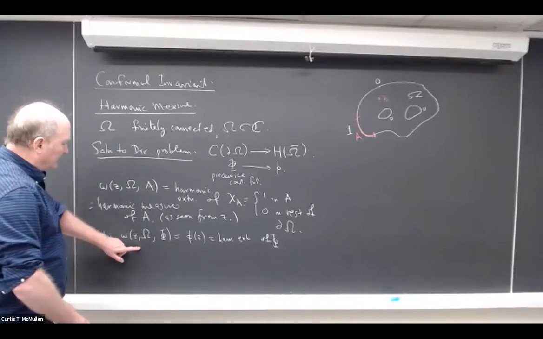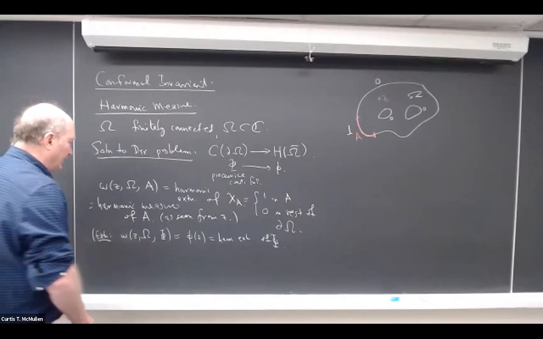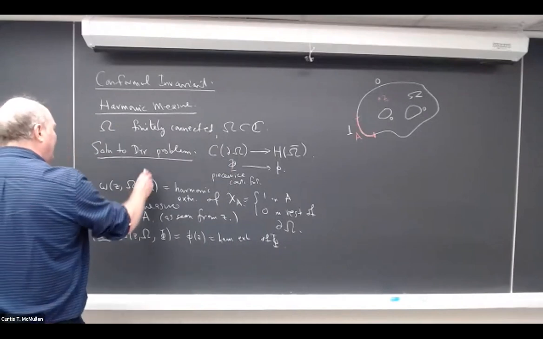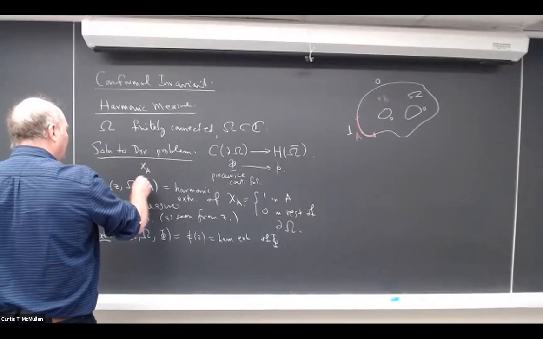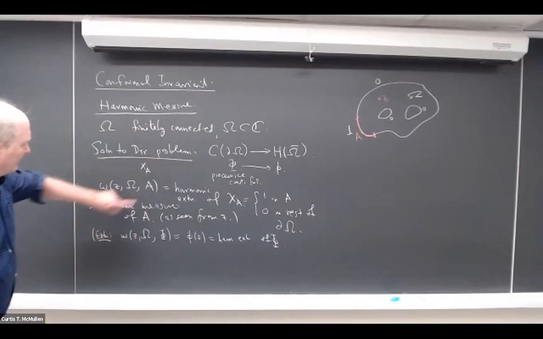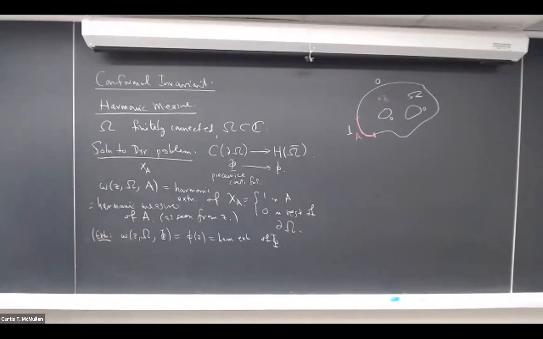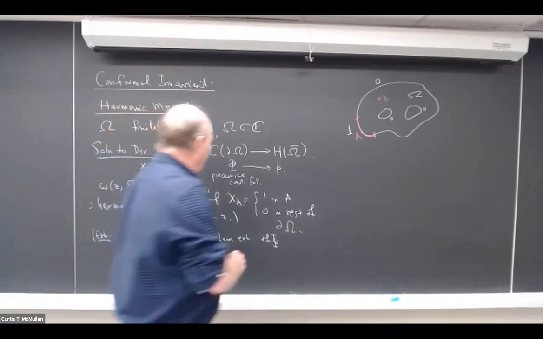But if we were to introduce this notation, which will be useful, then this would be the same thing as if we just replaced A with the indicator function of A. And we get the same concept of measure.